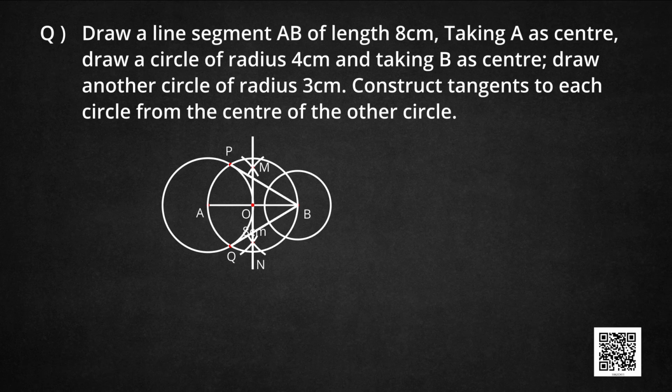Then we had to draw a circle with center O and radius equal to OB, which is again already done in this question. Now the points where this circle is cutting the circle with center B, we name as points L and F. Join AL and AF. So we have got two tangents to the right hand side circle so easily.